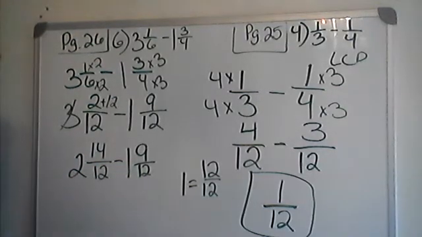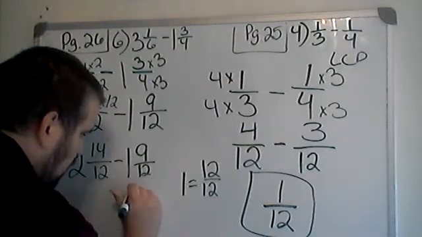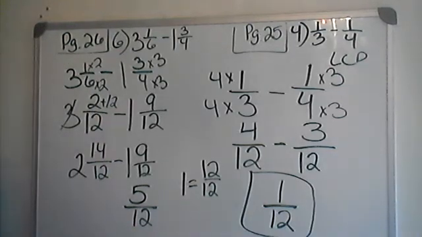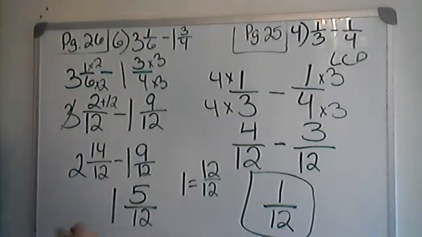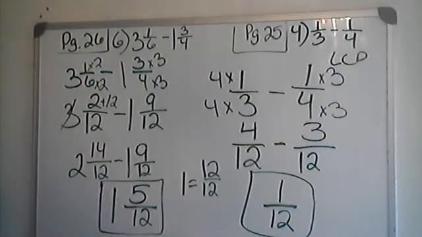What's 14 minus 9? It's going to be 5. My denominator stays the same at 12. So now I go to my whole numbers: 2 minus 1, and that's 1. So my answer for number 6 on page 26 is 1 and 5 twelfths.